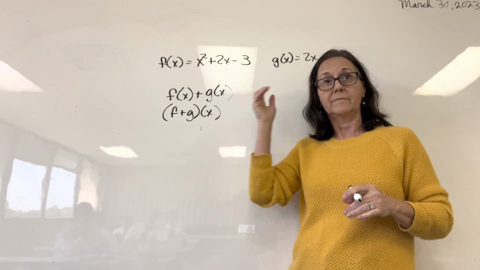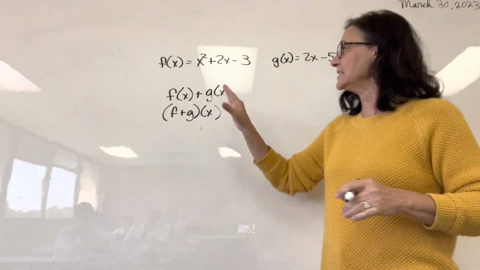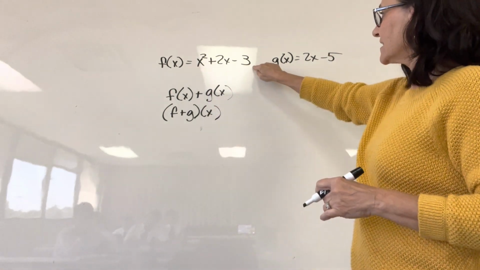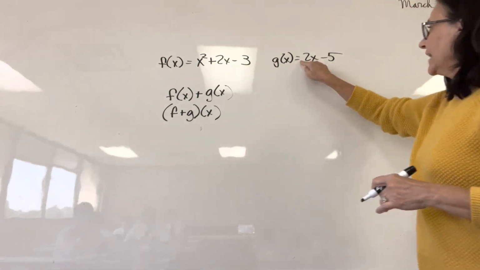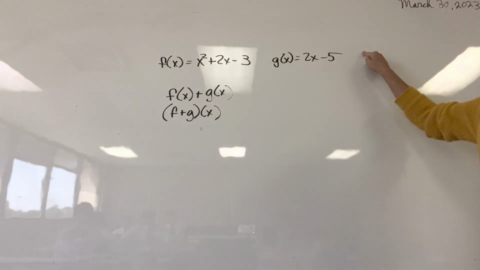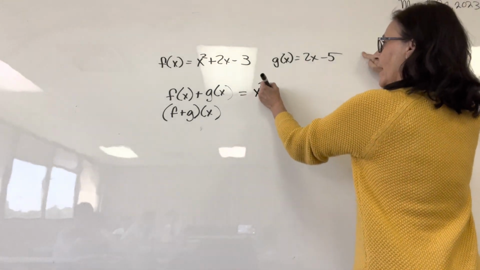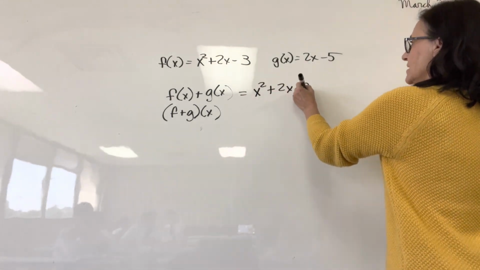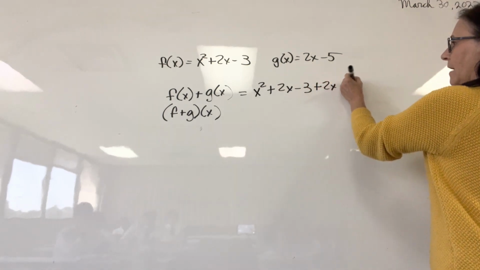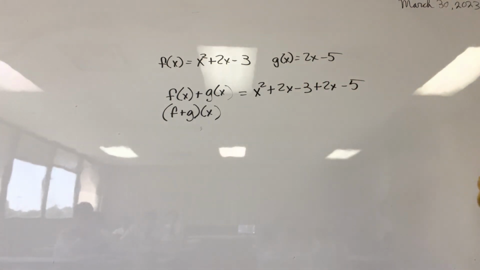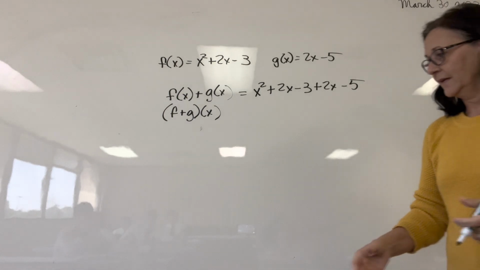All that is saying is taking this equation and adding it to this expression. So it would just be x squared plus 2x minus 3 plus 2x minus 5, and then you combine your like terms. Make sense? That's all it is.